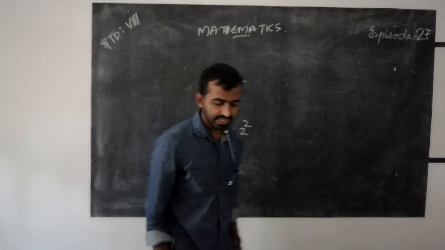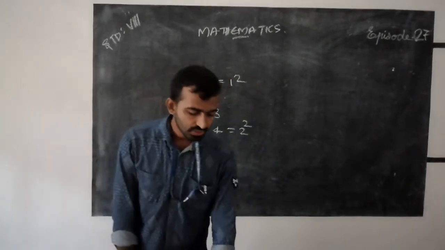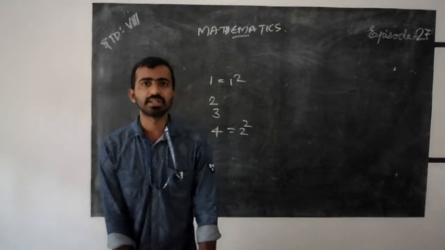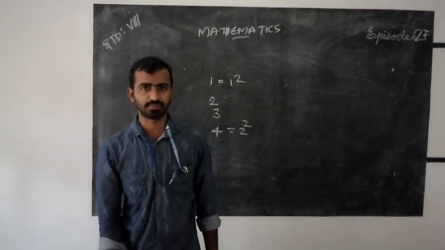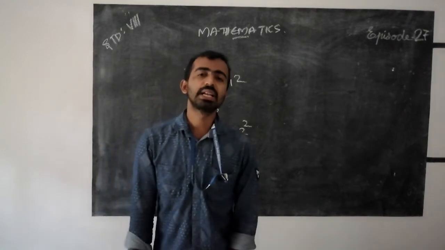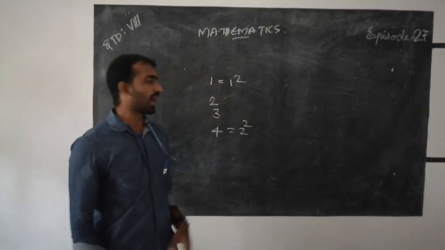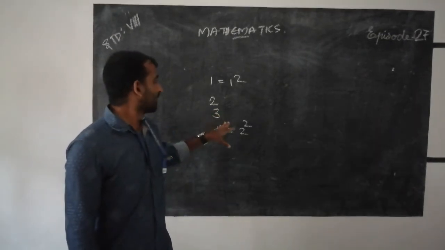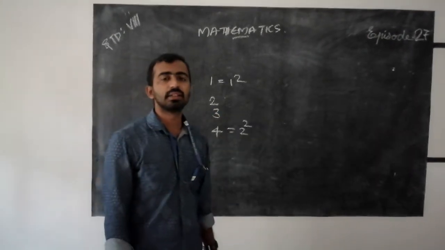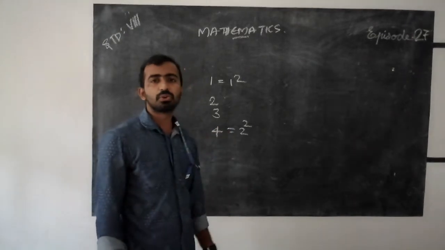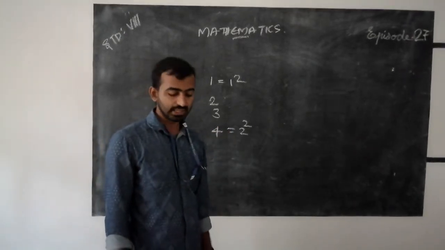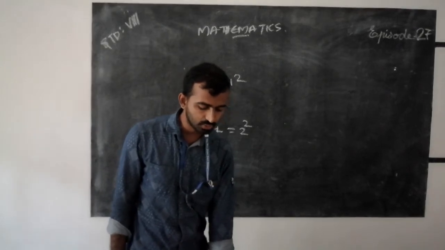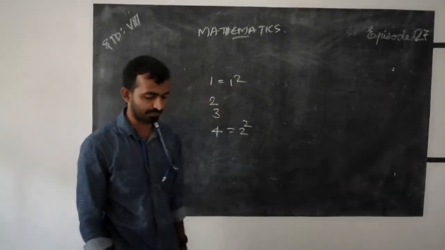Is it? Yes. Then 2 non-square numbers between the 2 square numbers, that is 1 and 4. When we discuss 1 square is 1 and 2 square is 4, 2 and 3 are 2 non-square numbers between the 2 square numbers 1 and 4.